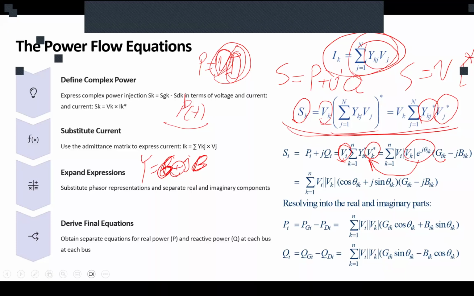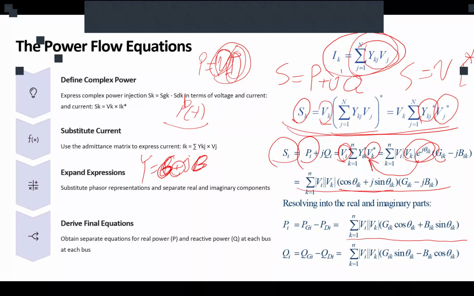Now, this e to the power of j theta, if you expand it, becomes cosine plus j sine. It's a trigonometric expansion of the exponential function. Okay, you already know that. Let's expand that. And now, if you do all the multiplications, you would see the real part of this S, which we call active power, is going to be the summation of V_i V_k times G cosine of theta plus B sine of theta.